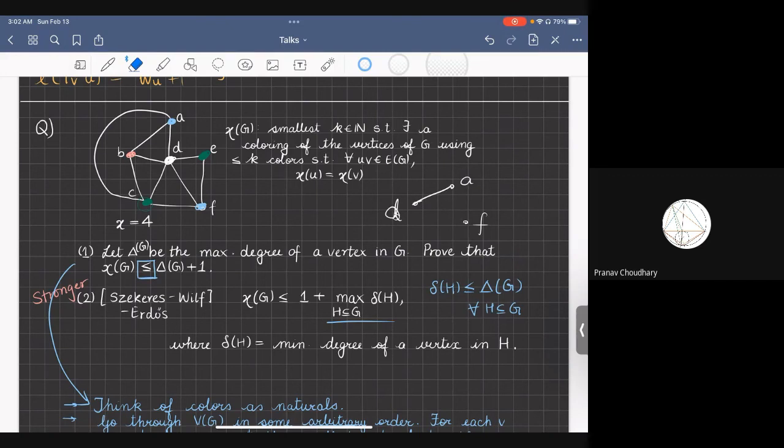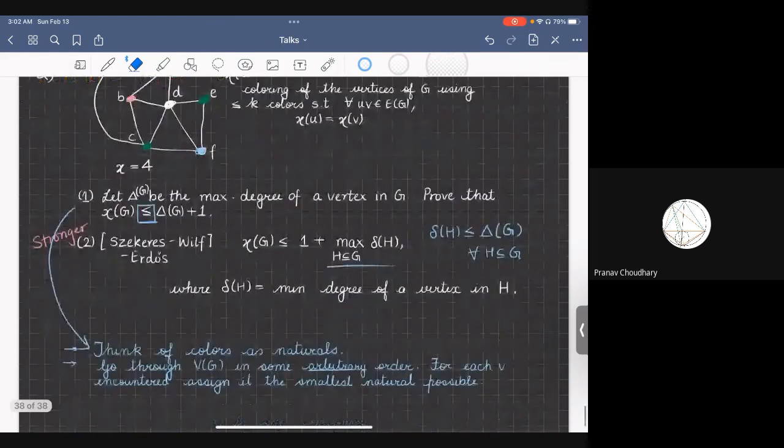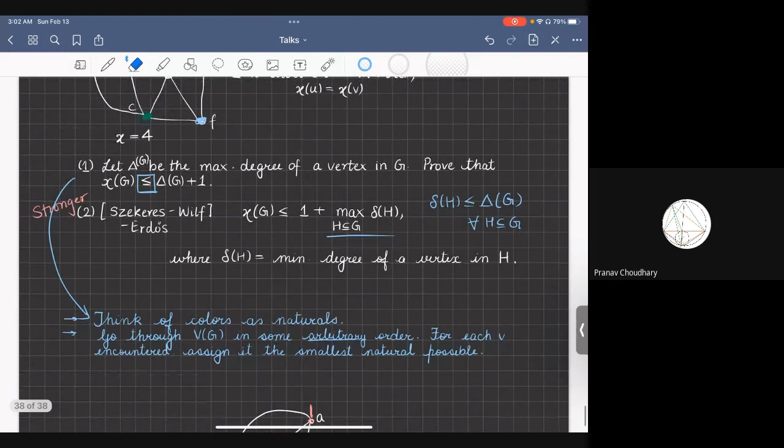So this is a subgraph, but it's not induced. Basically, in a subgraph, I can take a subset of vertices and a subset of edges. But in an induced subgraph, once I've taken the subset of vertices, I must take all edges present between those vertices. So the point is that really only induced subgraphs matter.